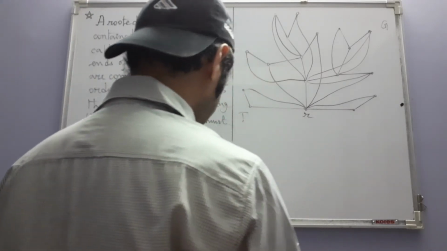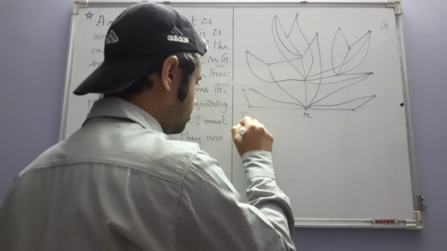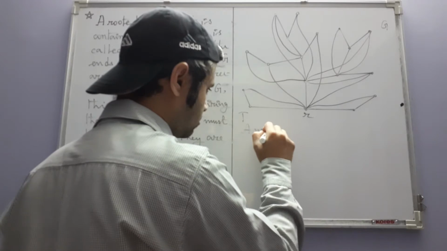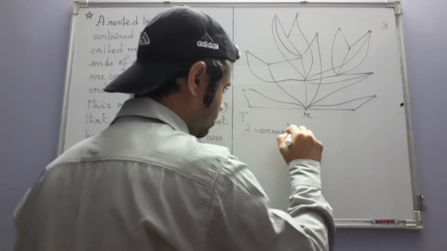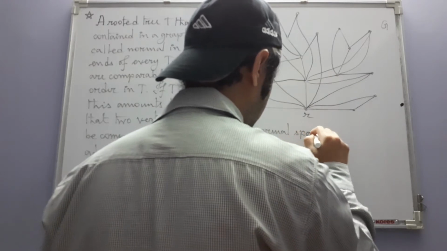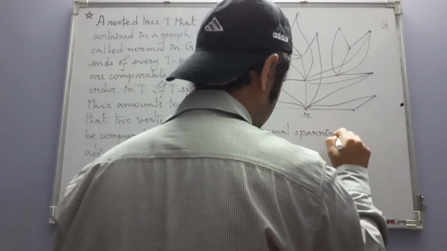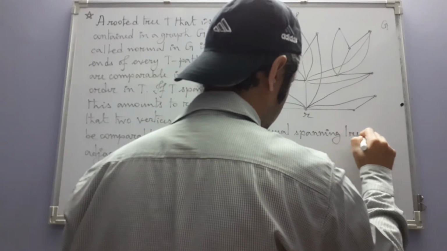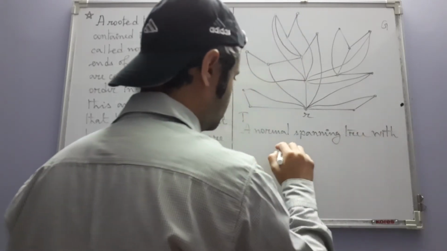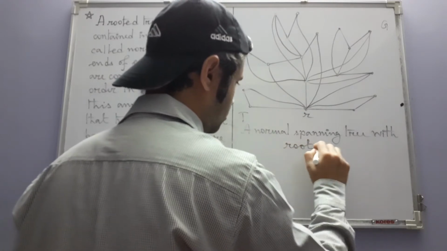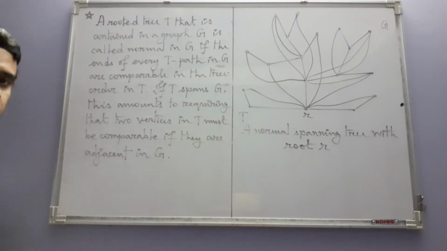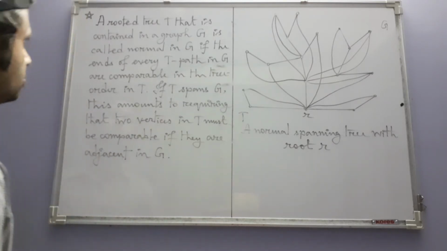and it is showing a normal spanning tree with root r. Now let us see what the definition is saying.